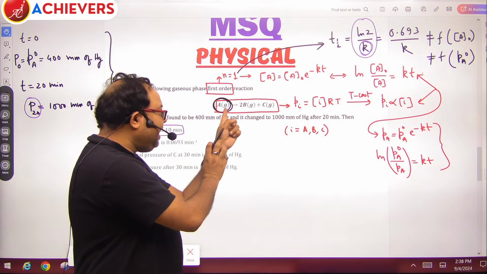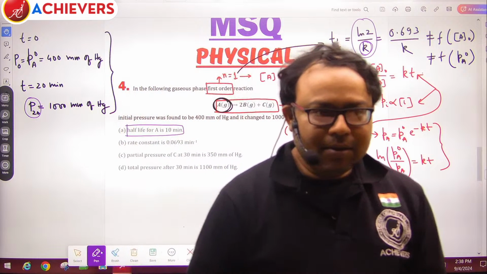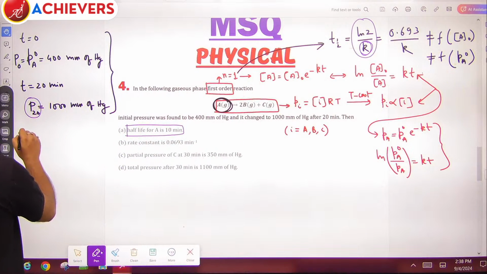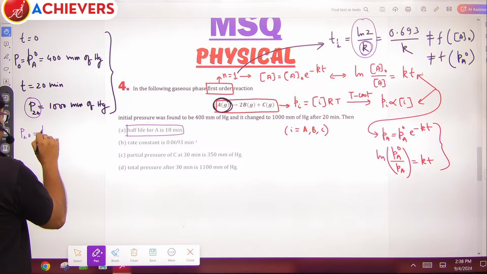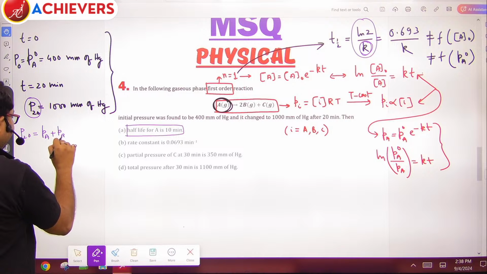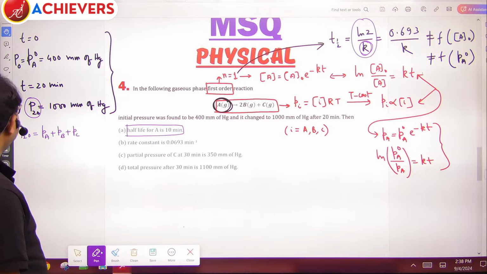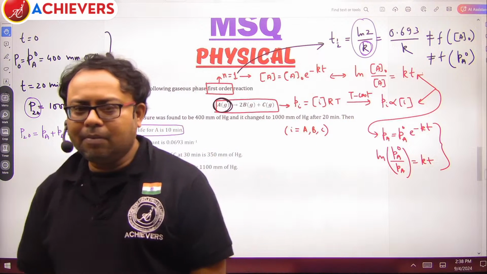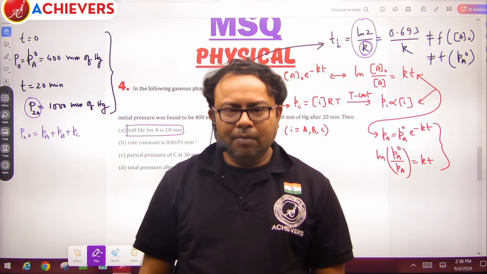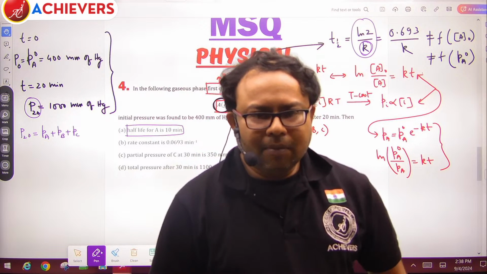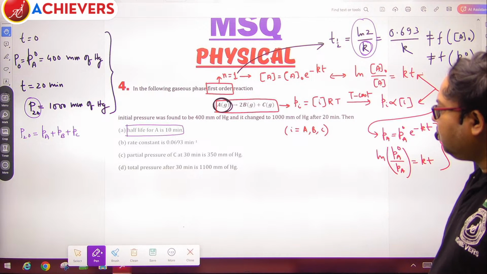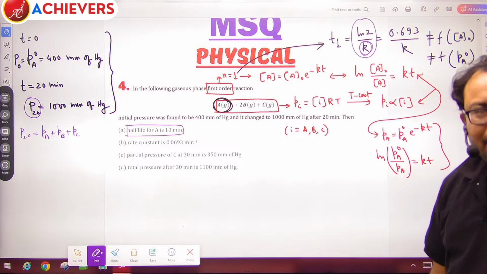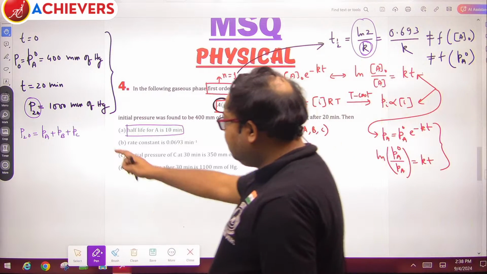After 20 minutes there will be A, there will be B, there will be C. So P20 basically comprises of PA plus PB plus PC. That has to be kept in mind.